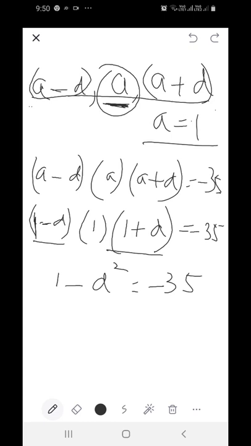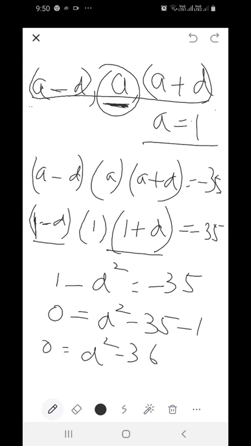Take both the terms to the right. Here you will have 0. 0 is equal to D square minus 35 minus 1, that comes out to be D square minus 36.